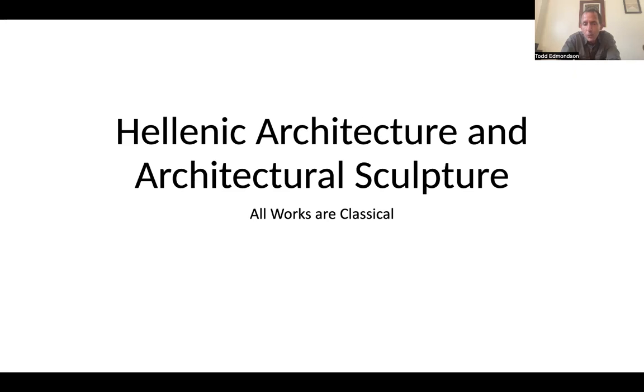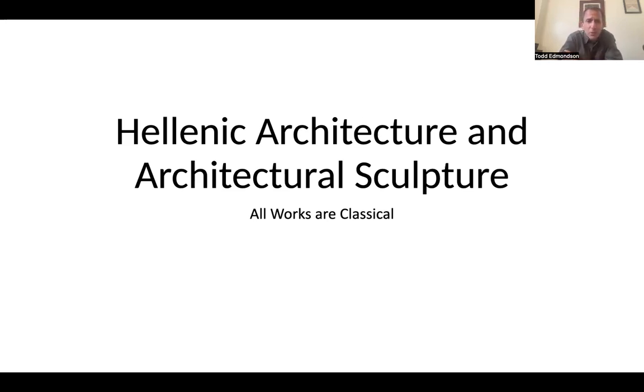Whereas in the Ionic order, you have this more ornate scrolled capital at the top of the column. You'll also notice if you look at the Corinthian order that it gets even more ornate as time goes on. We'll look more at the Corinthian order in coming weeks. But you have this scroll at the top called a volute, which distinguishes the Ionic column from the Doric column.